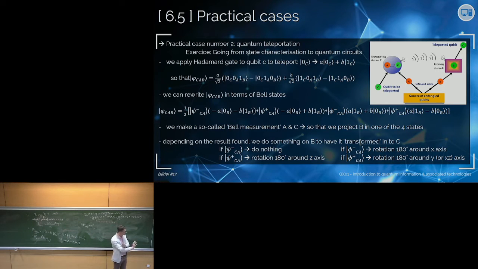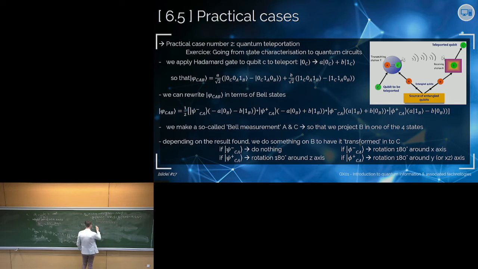So I can rewrite, and you can show that it works, this combination of CAB states into a combination of CA and B states. And I can make appear 4 terms, which are the 4 Bell states now between C and A. So in a way, it's not exactly true, but I transfer the entanglement of A and B to C and A. Okay?